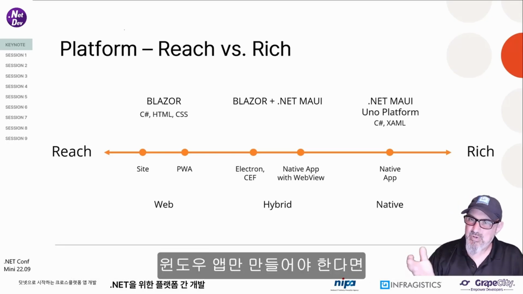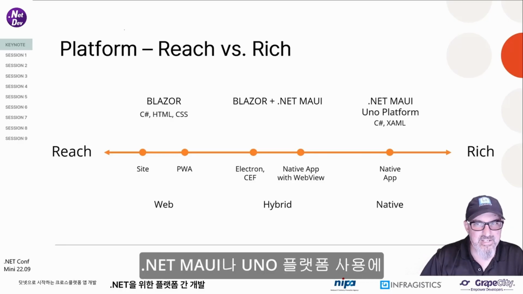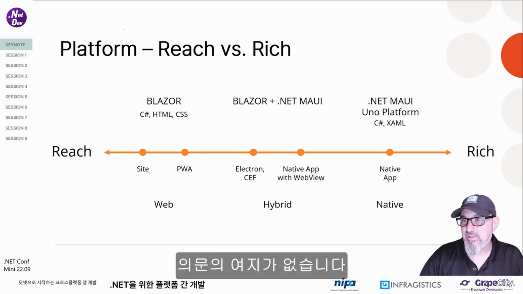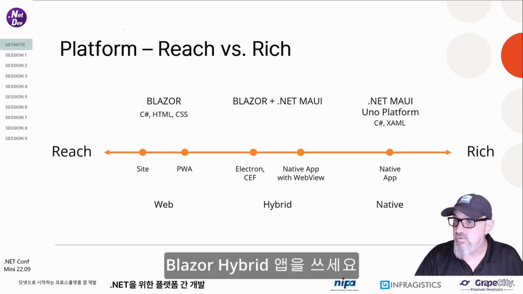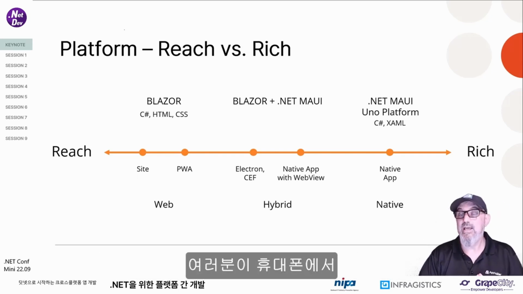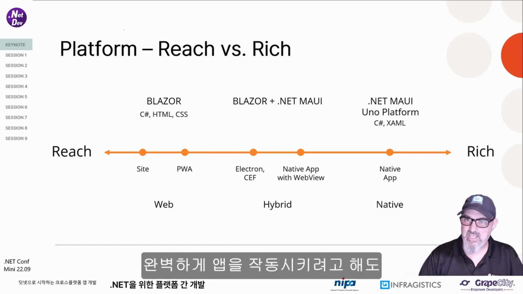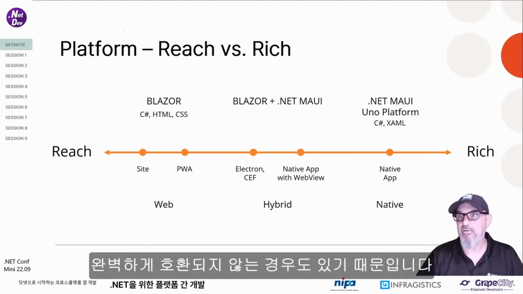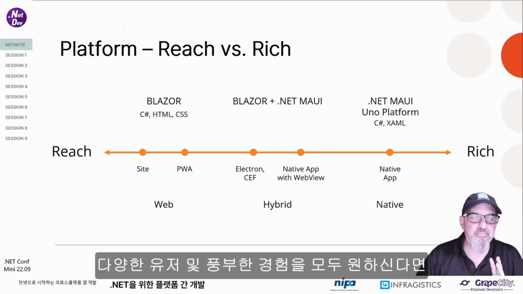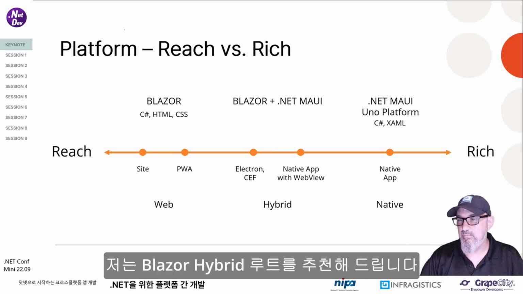If you just need to build a Windows app, there's no reason to use .NET MAUI or the Uno platform. Just use whatever framework you can target or use a Blazor Hybrid application, because the effort that you're going to go through to make this application work perfect on a phone might not translate perfectly to a desktop app if all of your users are using a desktop. If you want this mix of reach versus rich, I would recommend going the Blazor Hybrid route.